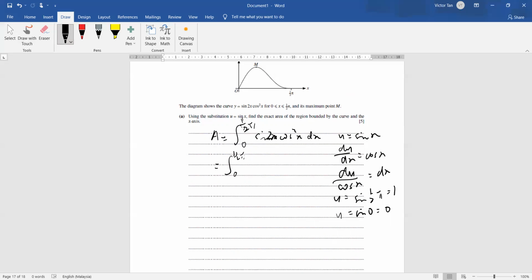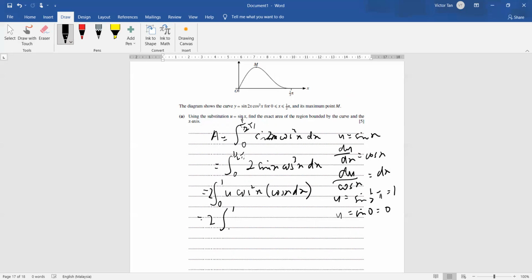So sine 2x is 2 sine x cos x, times cos square x will be 2 sine x cos cube x dx. Equals to, making the substitution, bringing the 2 out, this will be the integral of 2 times u cos square x cos x dx.